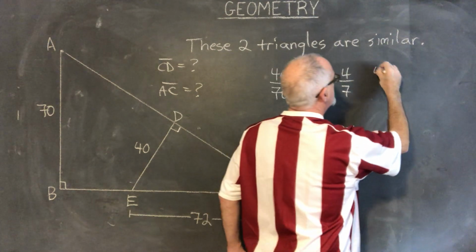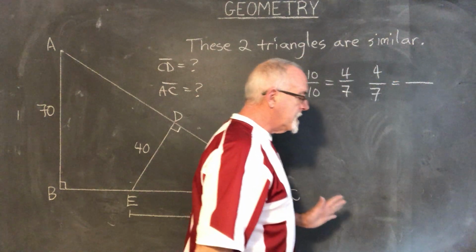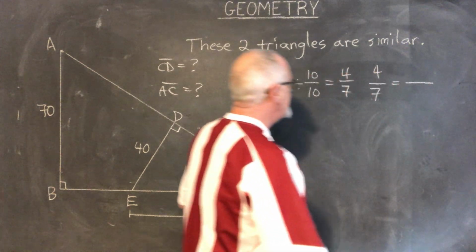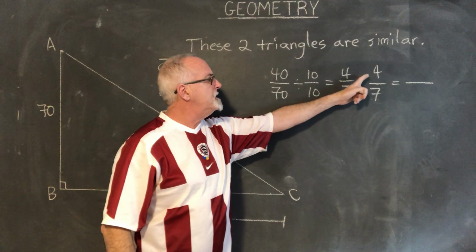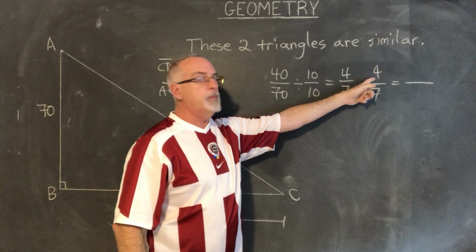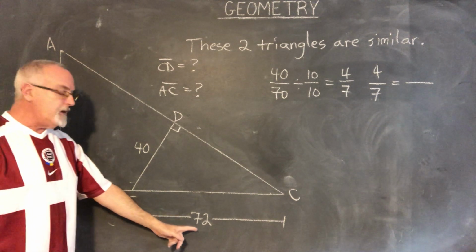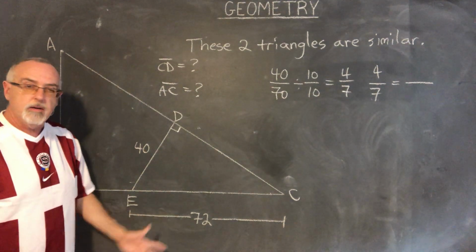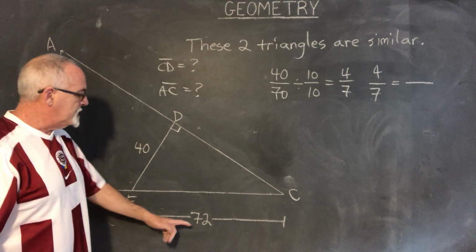I'll use it here. 4 over 7 is equal to, and I can start solving for something.